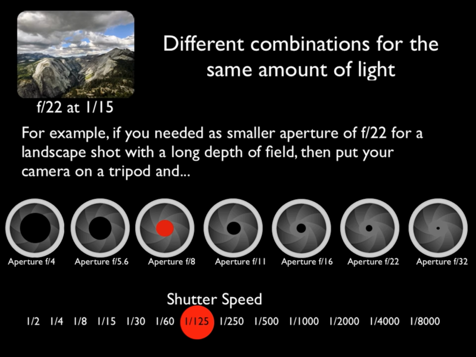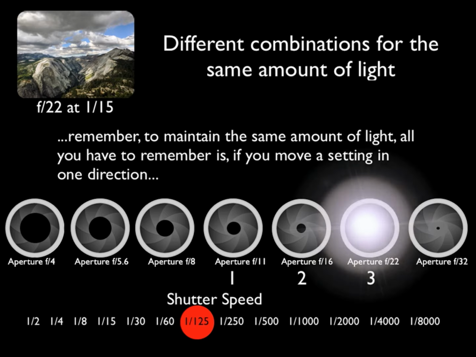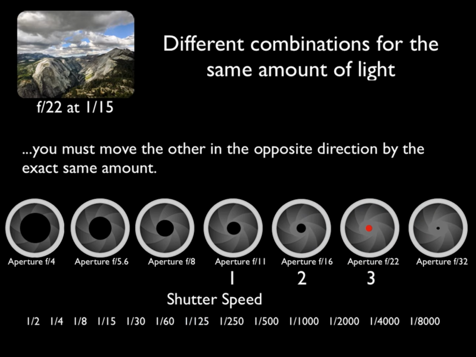For example, if you needed a smaller aperture of f22 for a landscape shot with a long depth of field, then put your camera on a tripod. And remember, to maintain the same amount of light, all you have to remember is if you move a setting in one direction, you must move the other in the opposite direction by the exact same amount.